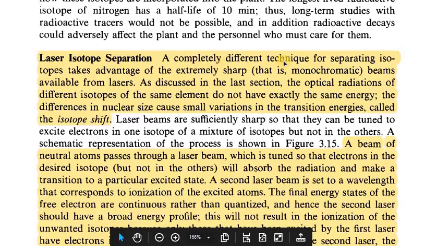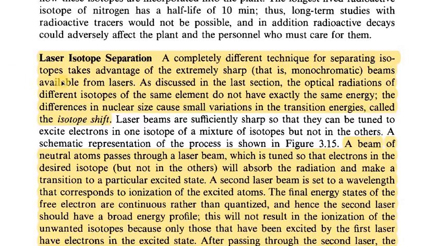A completely different technique for separating isotopes takes advantage of the extremely sharp beams available from lasers. The optical radiations of different isotopes of the same element do not have exactly the same energy.